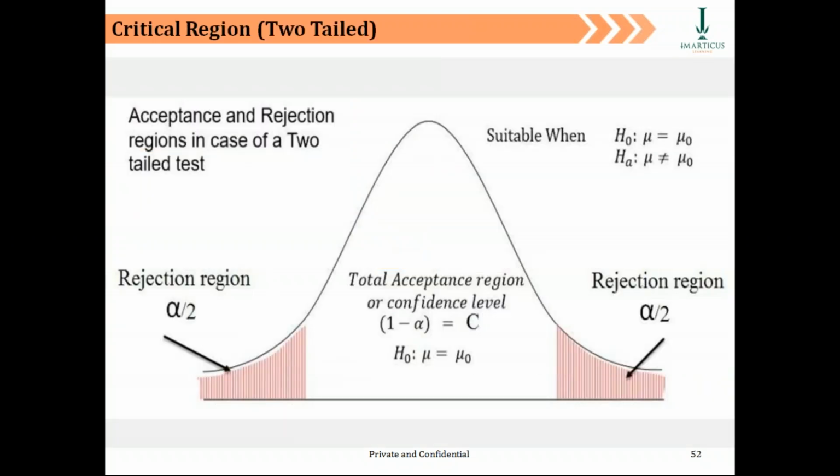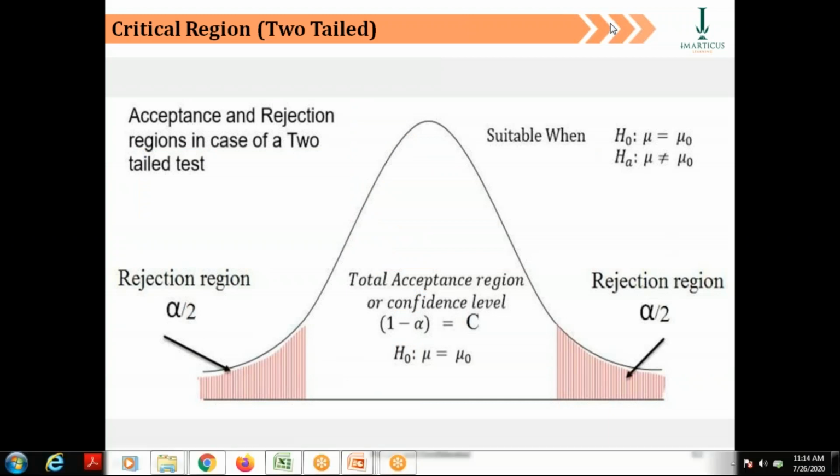Now, talking about the two-tail test. In a two-tail test, your rejection region is coming on both sides. And you remember, in the two-tail test I explained that your hypothesis is written in terms of equal to. Either it is equal to or it is not equal to. We never use the less than or greater than symbol.